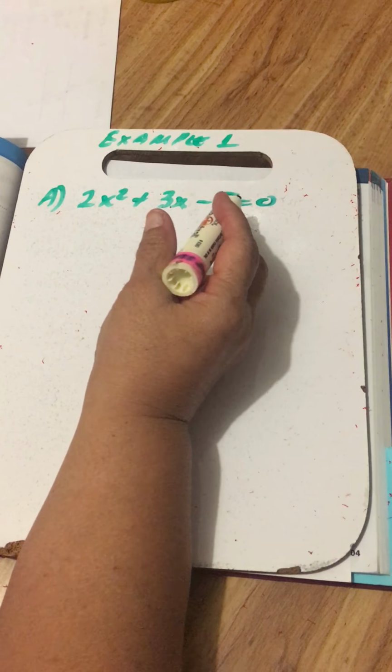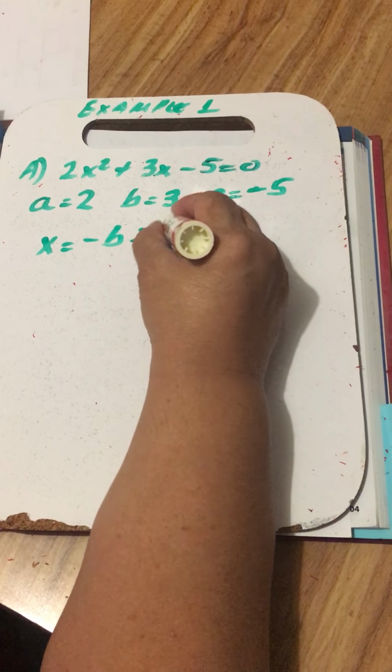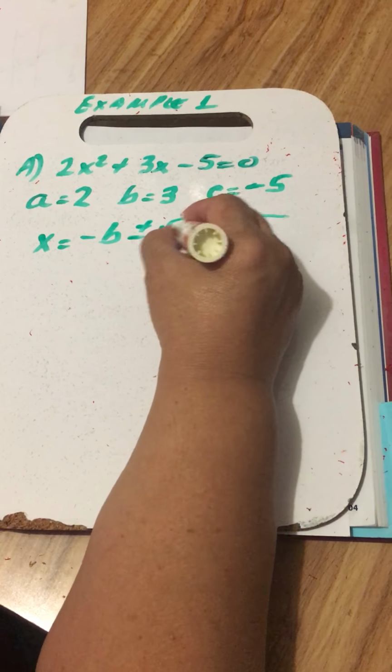We're going to use these A, B, and C coefficients to substitute in the quadratic formula. The formula is x equals minus b plus or minus the square root of b squared minus 4ac, divided by 2a. Sorry.